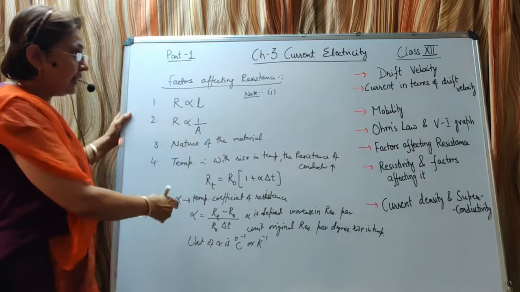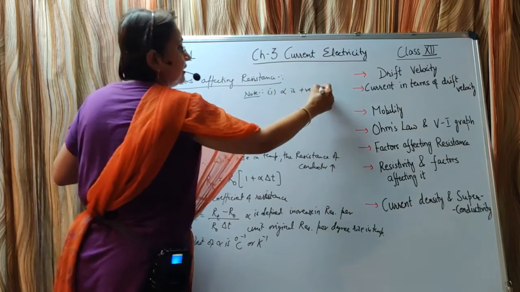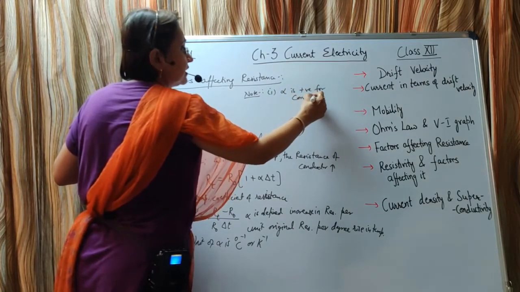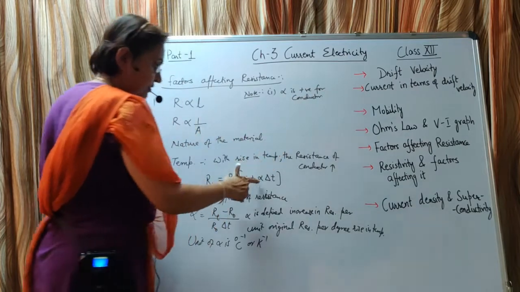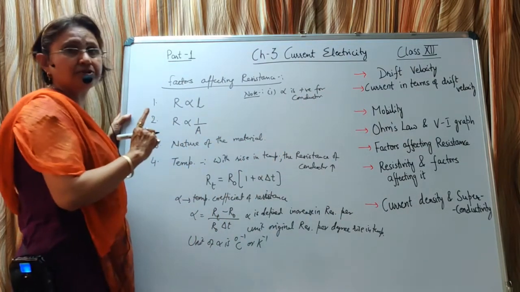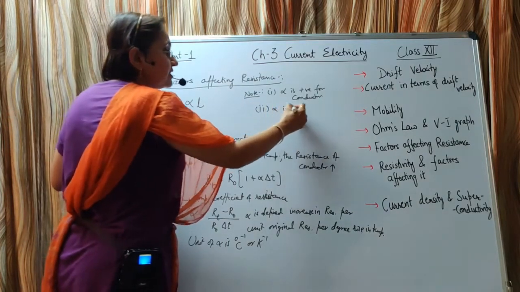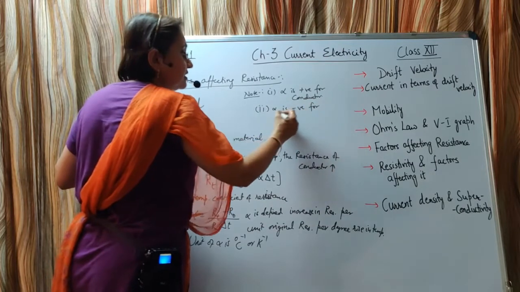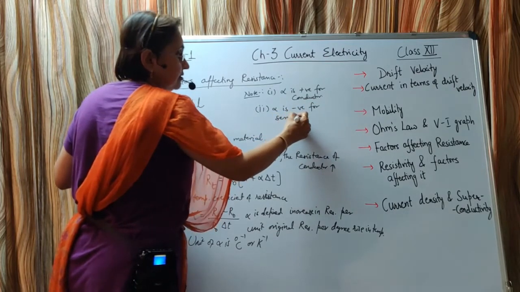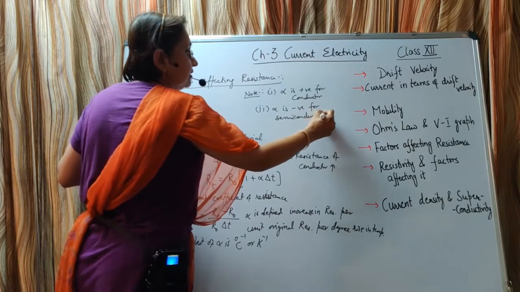Now one thing to be noted down: alpha is positive for conductors. So for conductors, the resistance will increase with the rise in temperature. But alpha is negative for insulators and semiconductors.